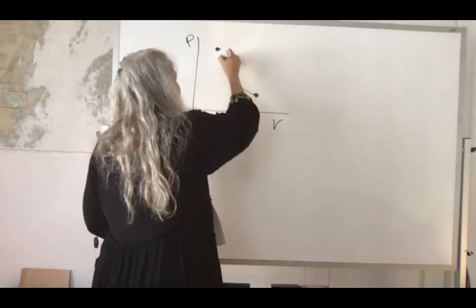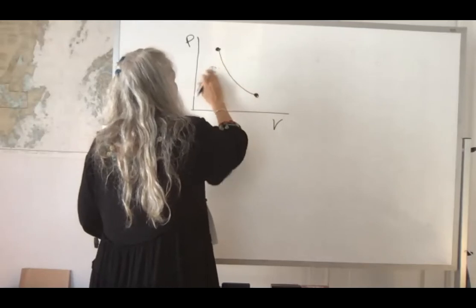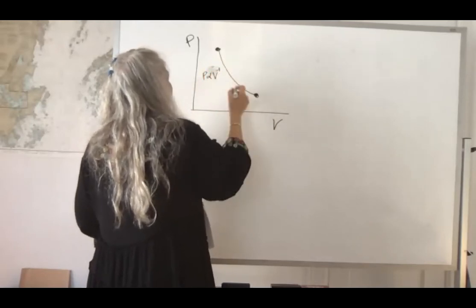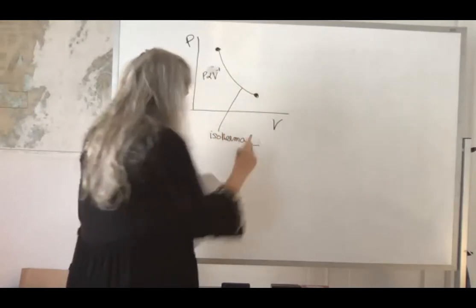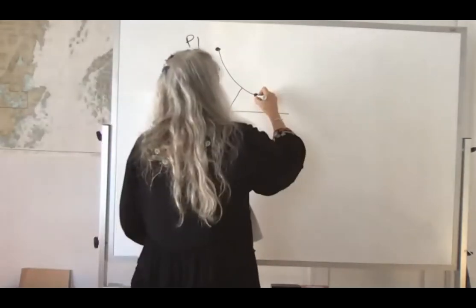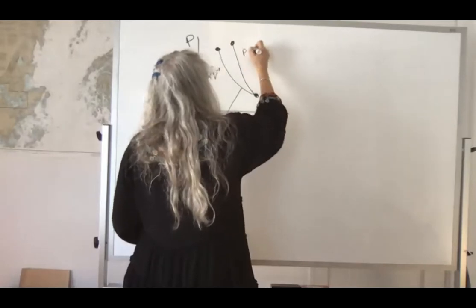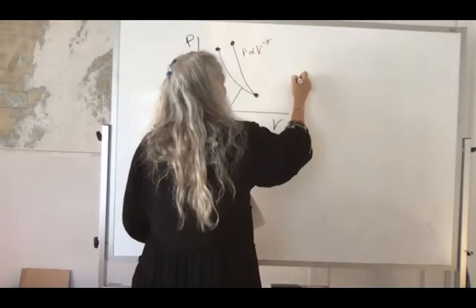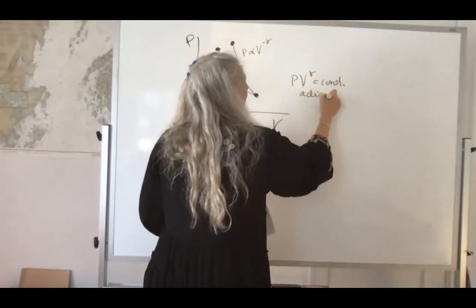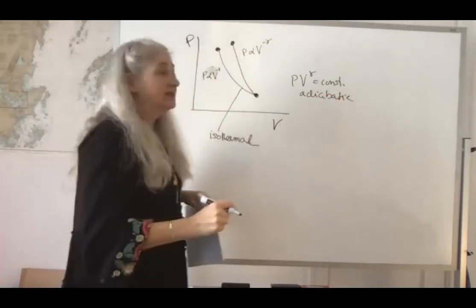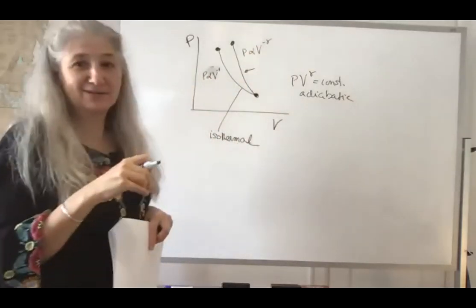So if I do something like this where P is proportional to V to the minus 1, this would be isothermal. But adiabatic is P proportional to V to the minus gamma, because remember PV to the gamma is constant for an adiabatic variation. And usually this is steeper than that because 5/3 is bigger than 3/5.